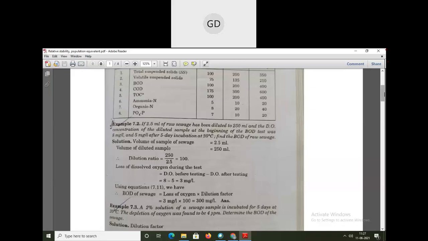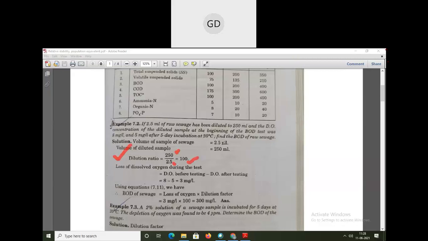That is, the volume of the diluted sample divided by the volume of the sample of sewage, or the volume of the undiluted sample. If you divide 250 by 2.5, you will get 100. So this is your dilution ratio formula: volume of diluted sample divided by volume of undiluted sample, and you will get 100.